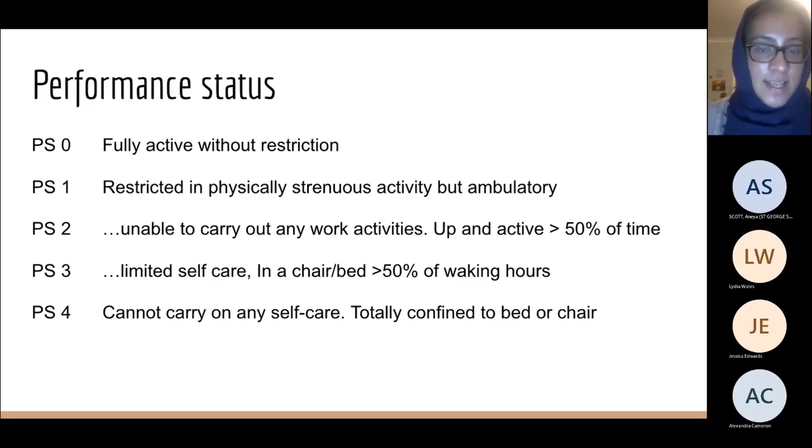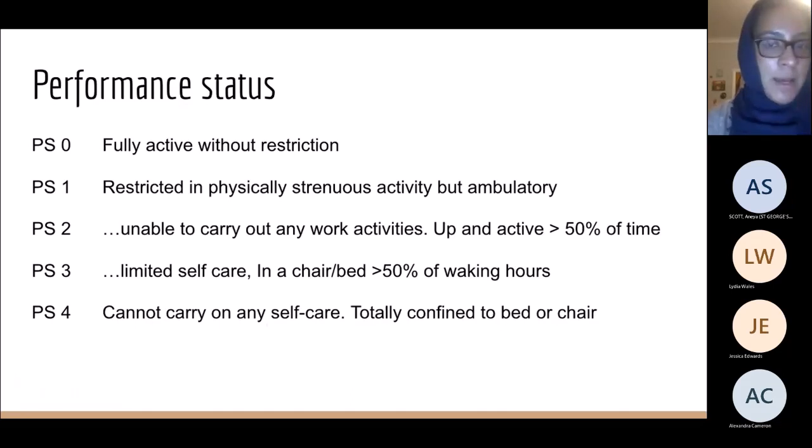And performance status essentially is a guide that we use to help us decide what form of treatment is best for that patient. And as you can see, there are different levels going from 0 to 4, 0 being they're fully active without any restriction, 4 essentially meaning that they're bedbound. So they're very, very frail.